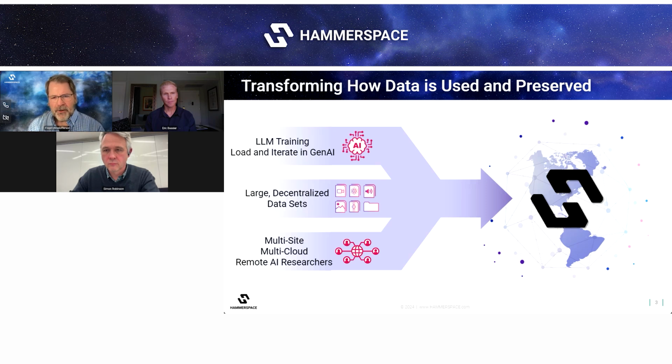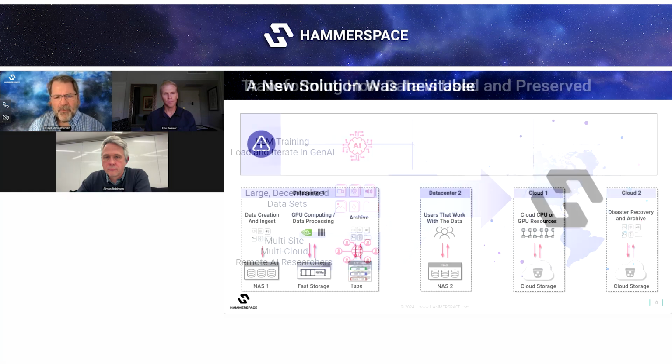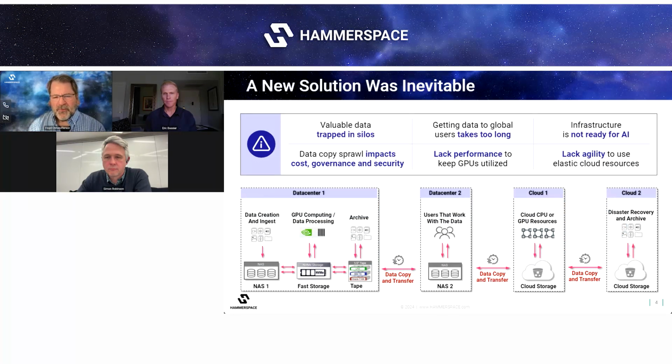Before we get started, for those of you who are not familiar with Hammerspace, I'm going to take a couple minutes and just give you an overview of what it is, and that will help set the context for what we're going to be talking about next. So Hammerspace is software that was specifically designed to solve the problem where data becomes distributed across different silos within a single data center, across multiple data centers, or across cloud resources.